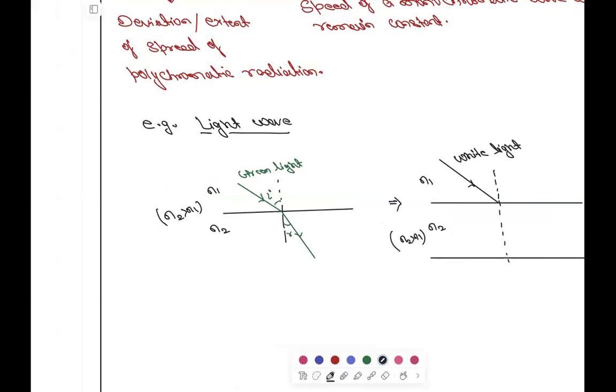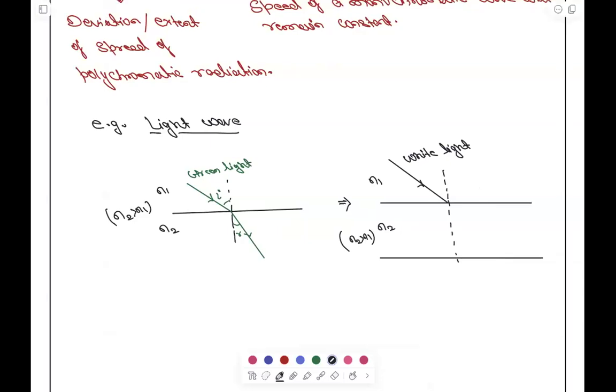Okay. The combination of infinite wavelength. Very good. Shwam is correct. White light is made up of infinite wavelengths, infinite colors, not 7 colors, infinite colors.